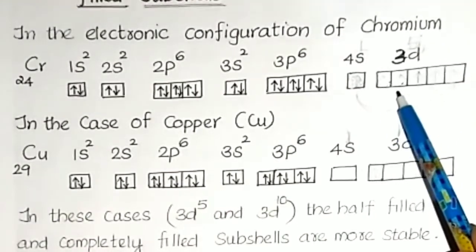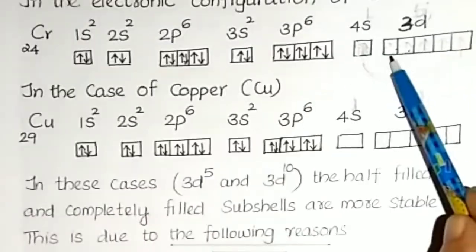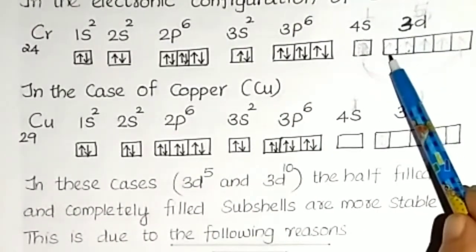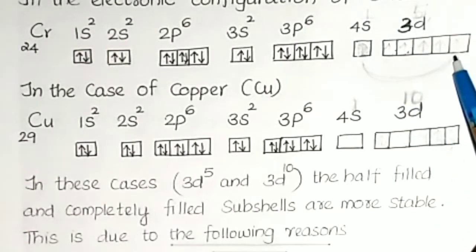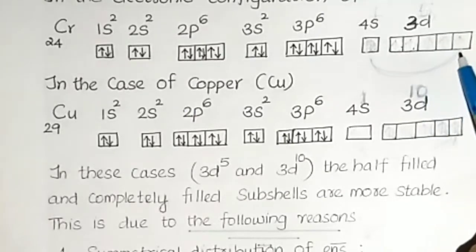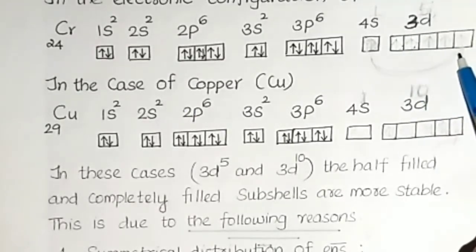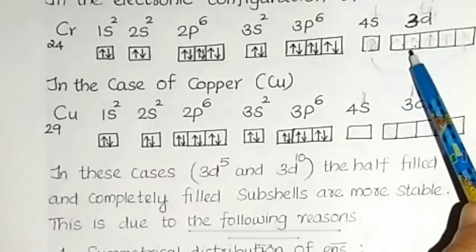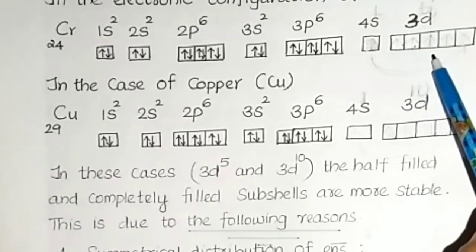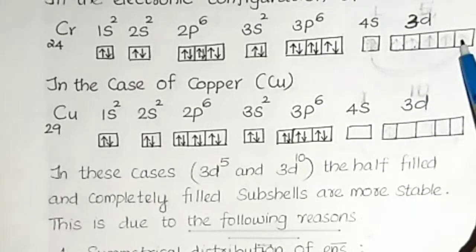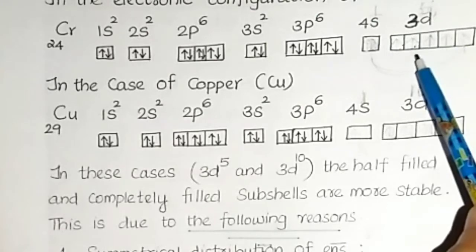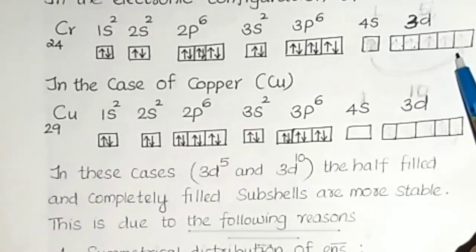Sometimes an electron may go to this one and this one goes to this side, because they all have the same energy, as degenerate orbitals. At that time energy is released. When the positions are exchanged, the energy is released. That energy is known as exchange energy. When the amount of exchange energy is maximum, the stability also increases. So in degenerate orbitals, the exchange energy is maximum, hence they are more stable.